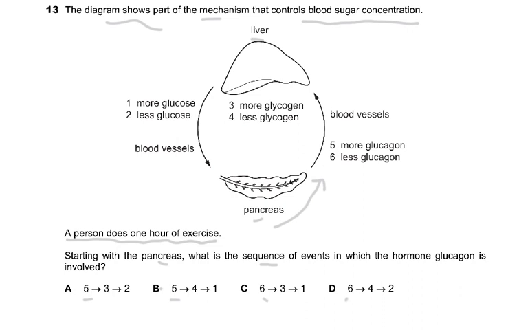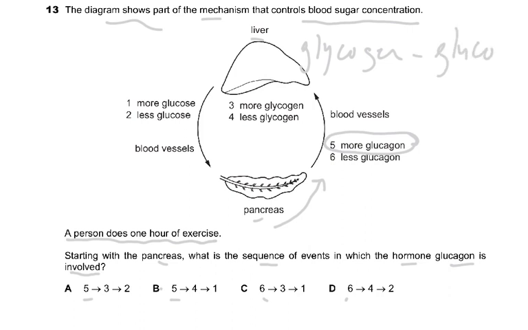Starting with the pancreas, what is the sequence of events in which the hormone glucagon is involved? If you've been exercising for 1 hour, that means your blood glucose levels are falling. So there'll be more glucagon, so it's going to be 5. And the blood vessel goes to the liver. In the liver, the glycogen is going to be converted to glucose. Why?